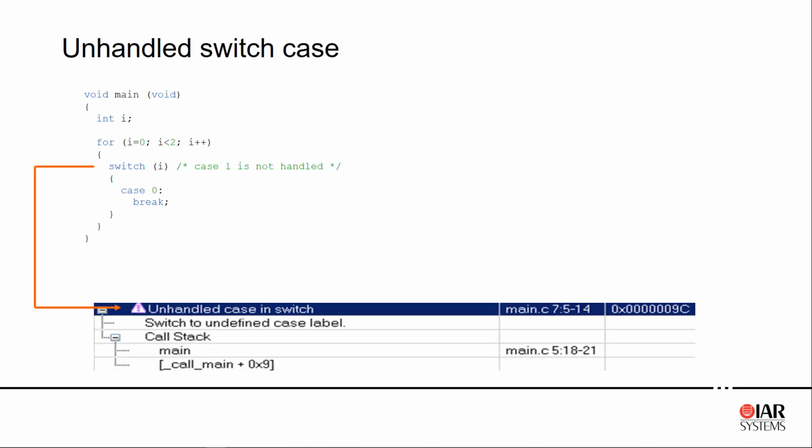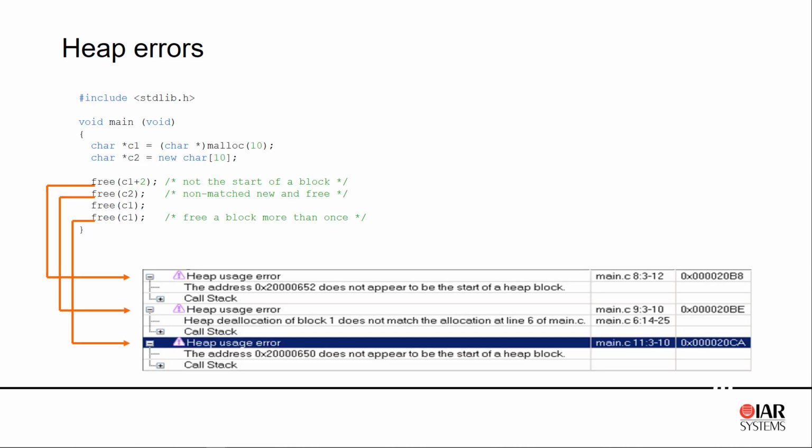The unhandled switch case, again, we oftentimes will see folks that think they've handled every single case that could come through a switch statement, and then they get surprised during their debugging that they actually didn't. Heap errors oftentimes are a common source of errors because people have cases where they're mallocing data off the heap.